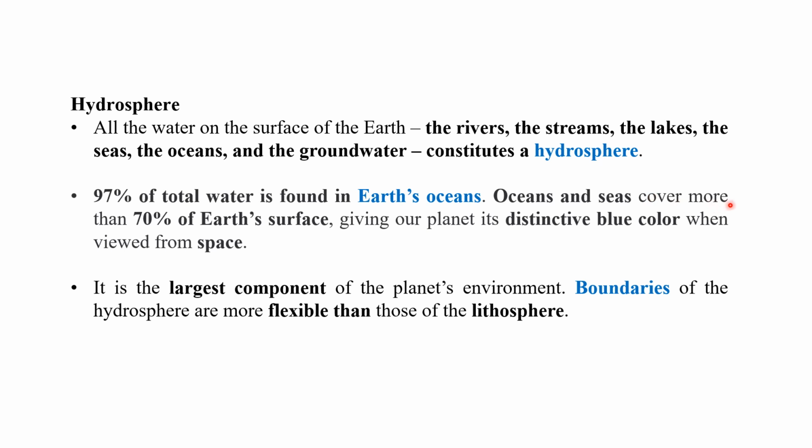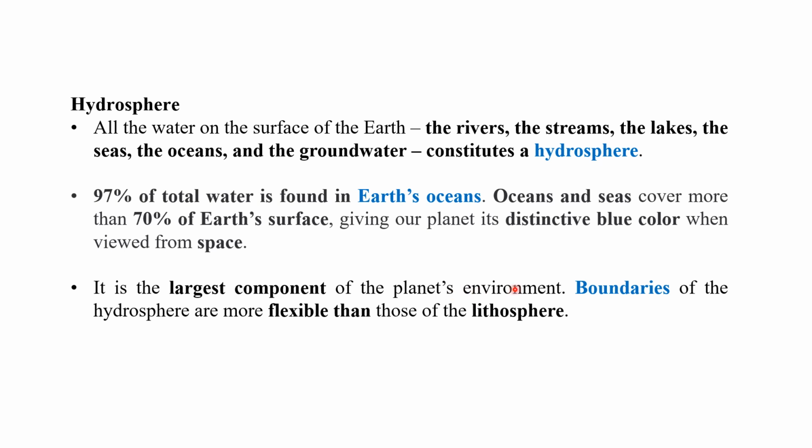Oceans and seas cover more than 70% of the Earth's surface, giving our planet a distinctive blue color when viewed from space. Why does Earth look blue? Because of the ocean, right? Because 70% of the Earth's surface has water.